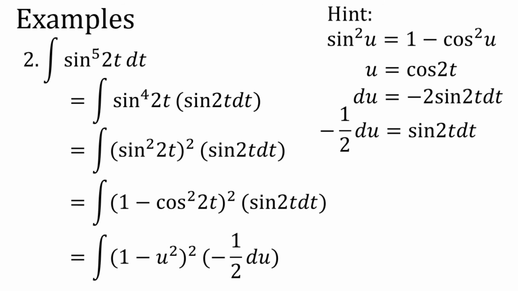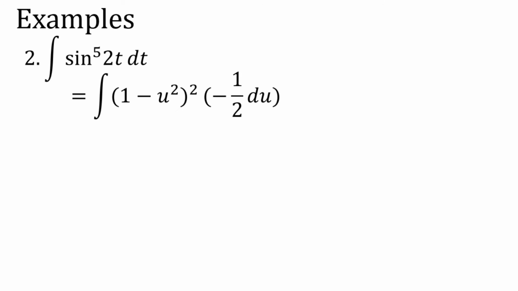So change cosine 2t into u. So now we're going to have equals the integral of 1 minus u square times negative 1/2 du. Okay? So just apply the necessary arithmetic here.